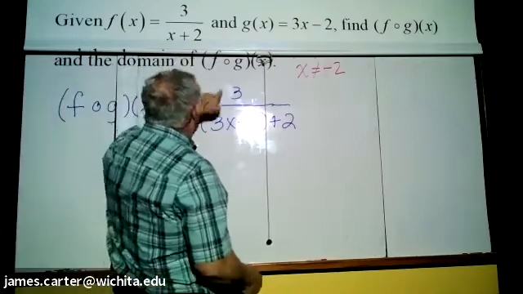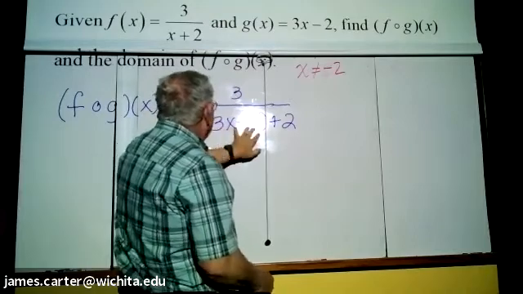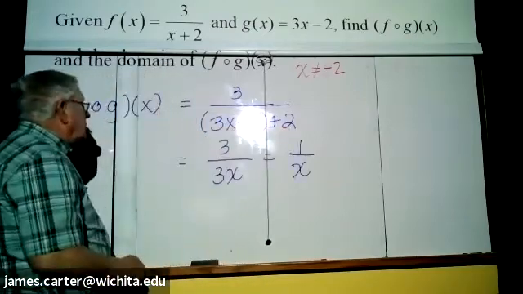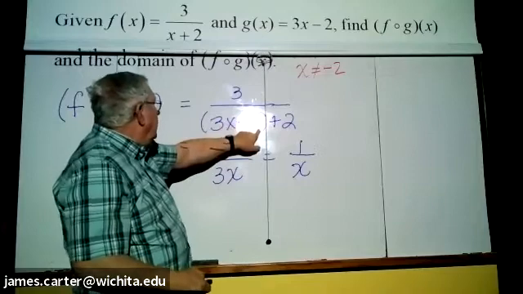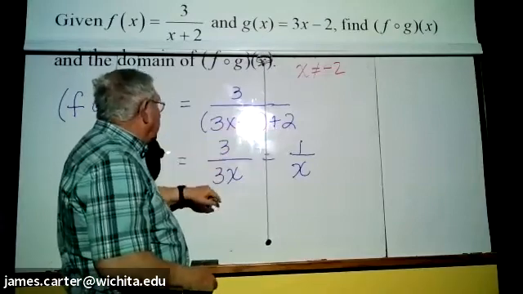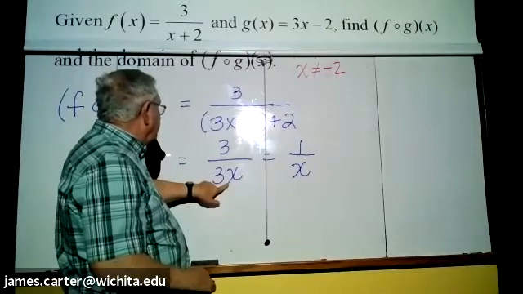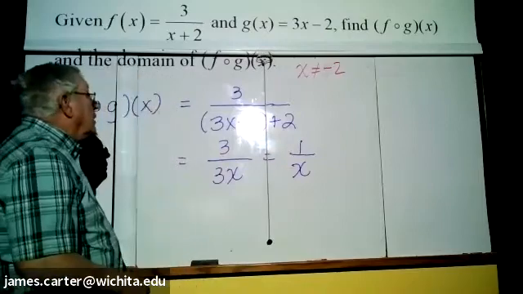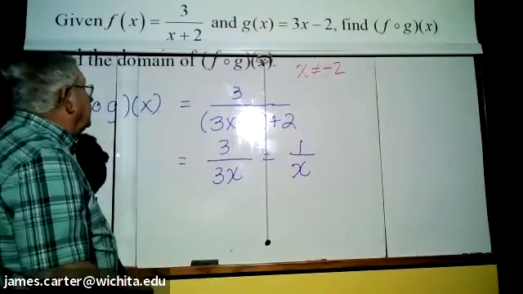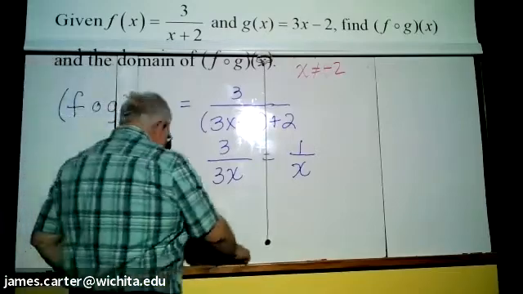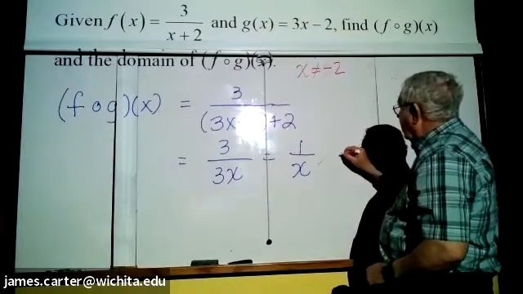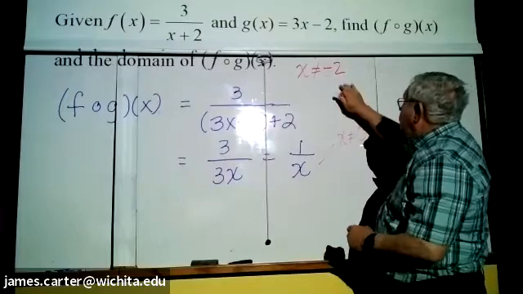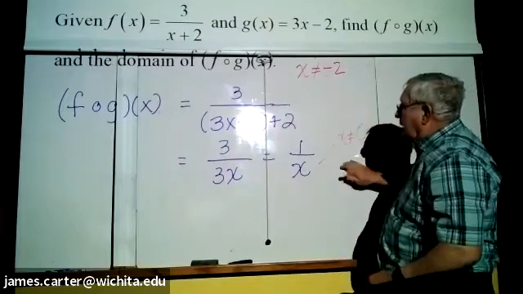So here's the F equation, the 3, the x replaced with G, and the plus 2. It simplifies. -2 plus 2 gives you 0 there. So this simplifies to 3 over 3x. The 3's cancel, and you get the equation 1 over x. As long as x is not -2, this thing will work. Also, in this case, x is not 0. So there are 2 different values that this one cannot be.